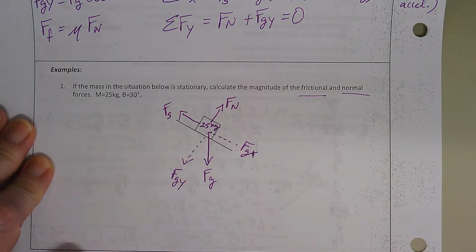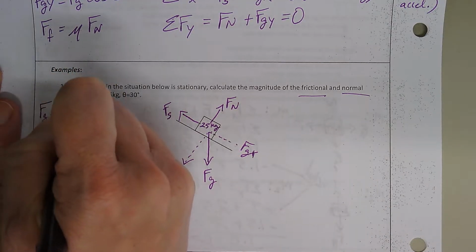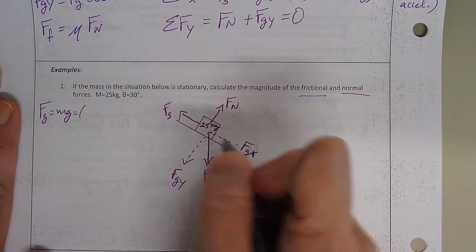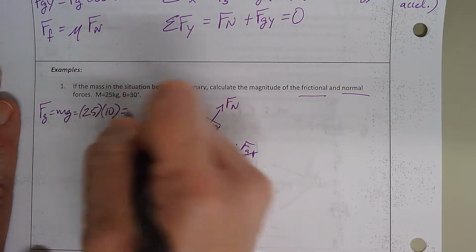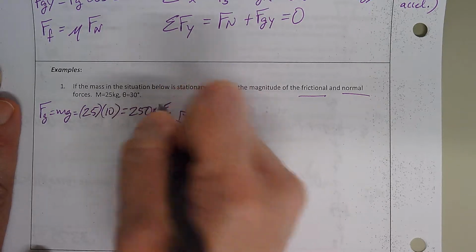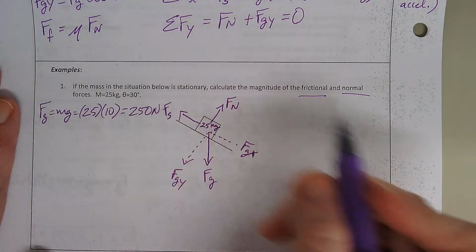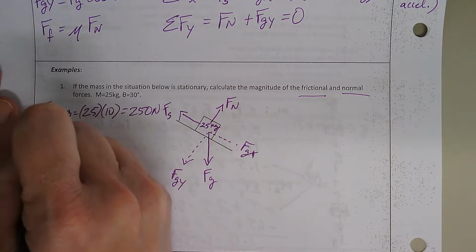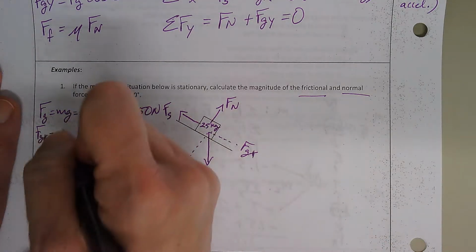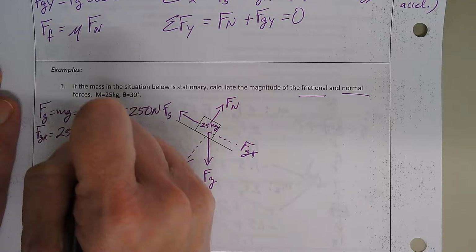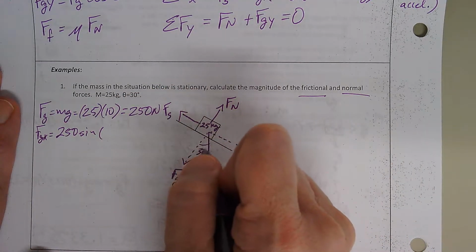So first I'm going to start with my Fg. My Fg is mg, so that's 25 times gravity, which I'm just going to use 10. So that's 250 newtons. Then I want my Fgx. My Fgx is Fg sine theta. So it's going to be 250 sine and my theta is 30, so this is 30 degrees.